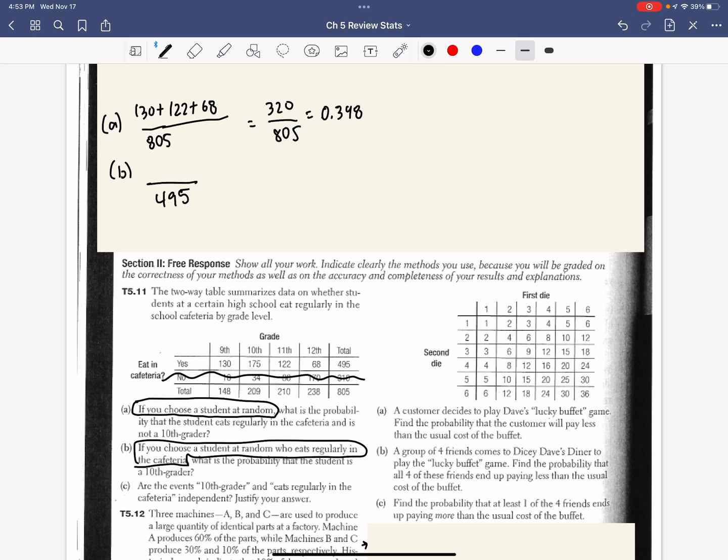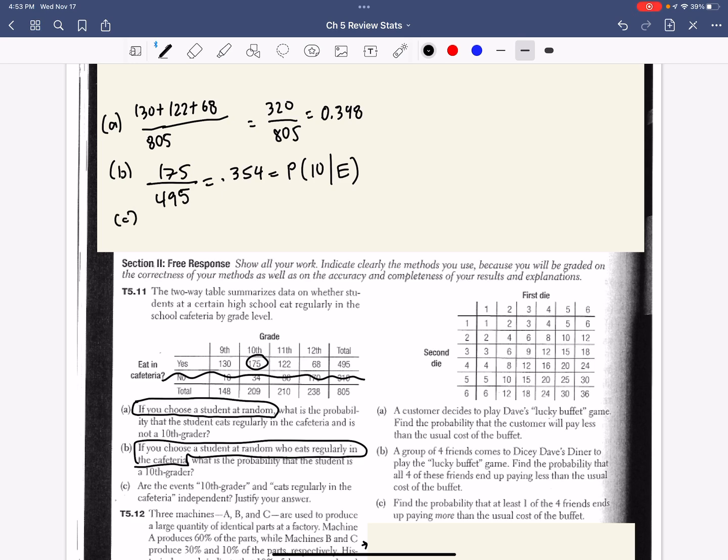What is the probability that one of these students is a 10th grader? What's the probability that they're a 10th grader given that they eat in the cafeteria?